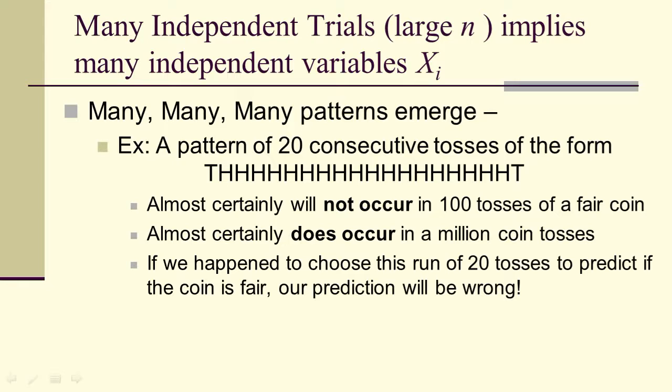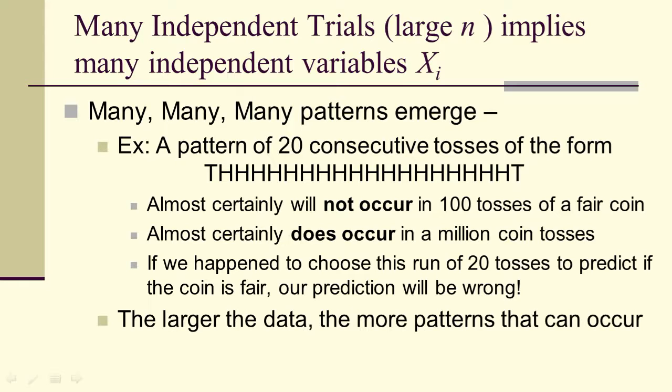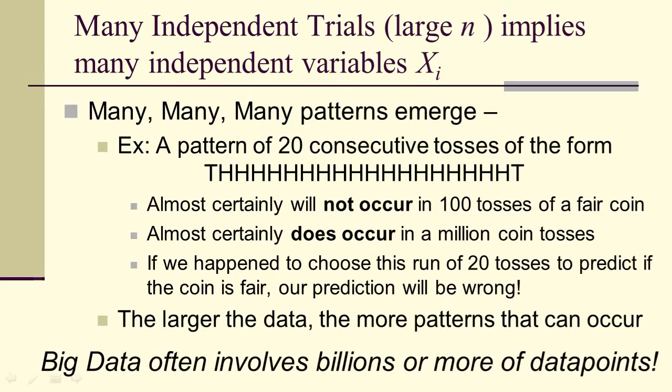They're not really there. We couldn't use this run to predict if a coin is fair, for example, because this is a pattern that comes about just because of randomness. The larger your data set is, the more patterns like this that can occur, and nowadays we often work with data sets that are billions or trillions or even larger of data points.